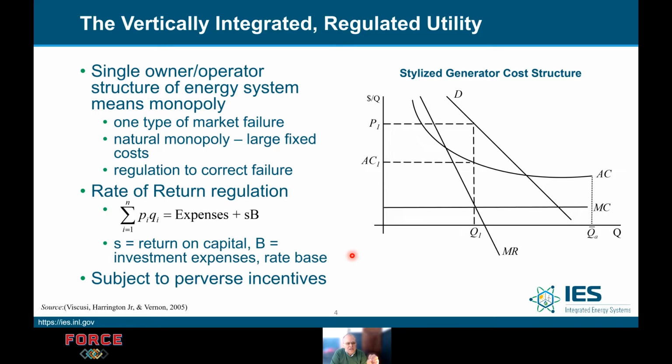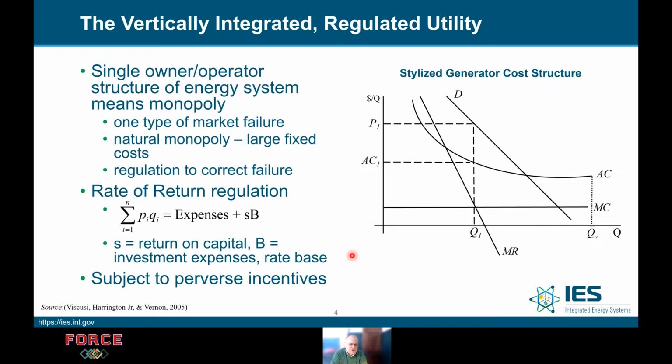What I do mean is that it's a single corporation managing from the origination of the electrons all the way through to the consumption of the electrons. So a single sole provider. In economics, we call that a monopoly. There are some very particular things that have to be dealt with as we talk about a monopoly, and particularly with this type of monopoly, what's referred to as a natural monopoly.